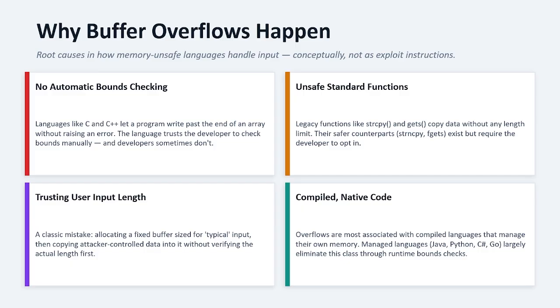So why does it happen? No automatic bounds checking, like I was mentioning. An easy way to test this is you create an array of size, say, 10, and then you prompt for some input, and you just grab whatever that input is and try to store it into that array.